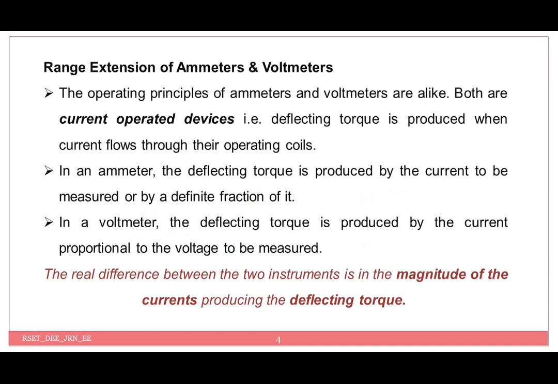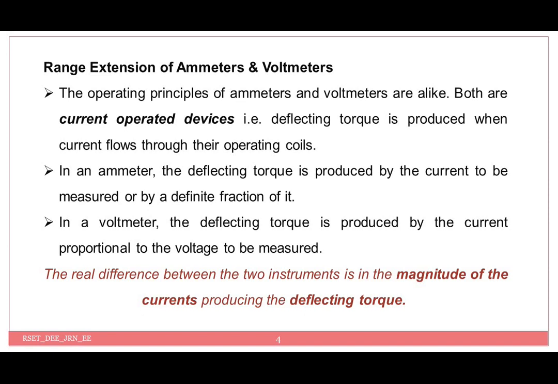Now, range extension for ammeters and voltmeters. The operating principles of ammeters and voltmeters are, like you already studied, moving iron, PMMC and dynamometer type. Both are current operated devices. That is, the deflecting torque is produced when current flows through its operating coils.